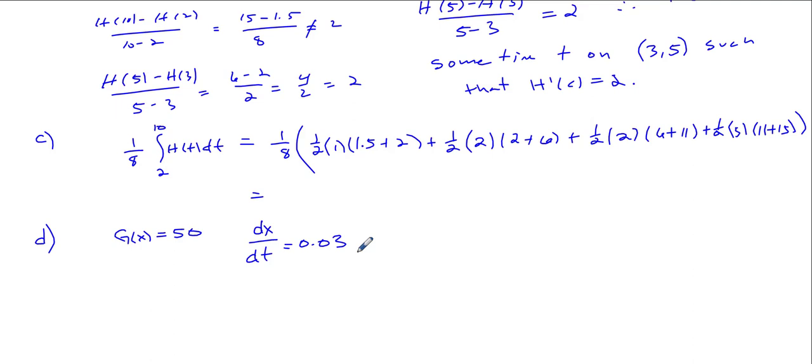The rate of change of the height of the tree. That'd be what? G prime, right? In meters per year at the time when the tree is 50 meters tall. So what is G prime when G of x equals 50?